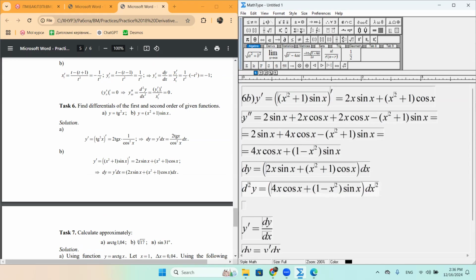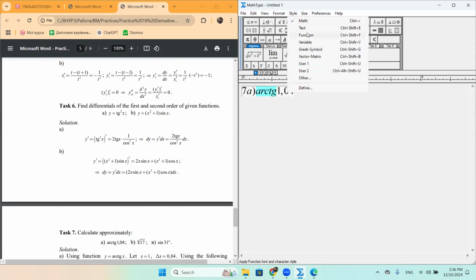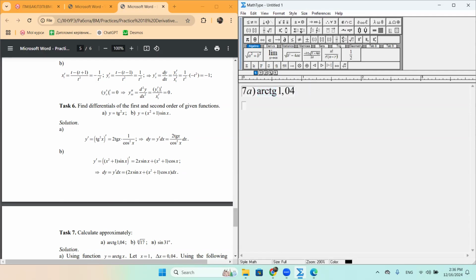Okay, no questions. So now let's solve tasks with practical usage of differentials. We will calculate some values. So for A, we need to calculate arctangent of 1.04. So we need to calculate it approximately.